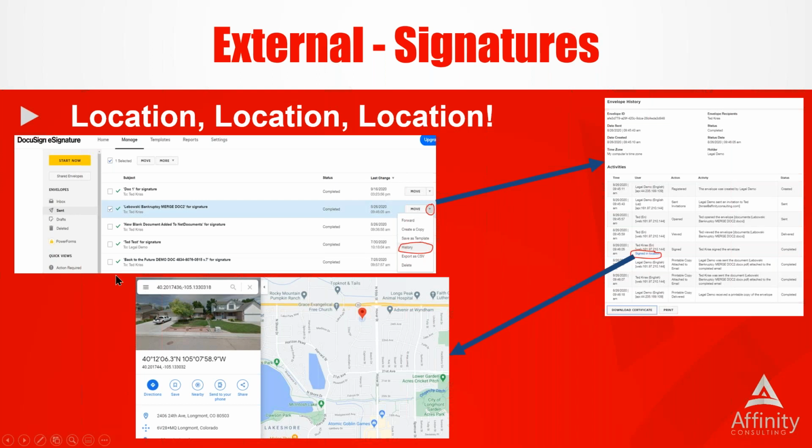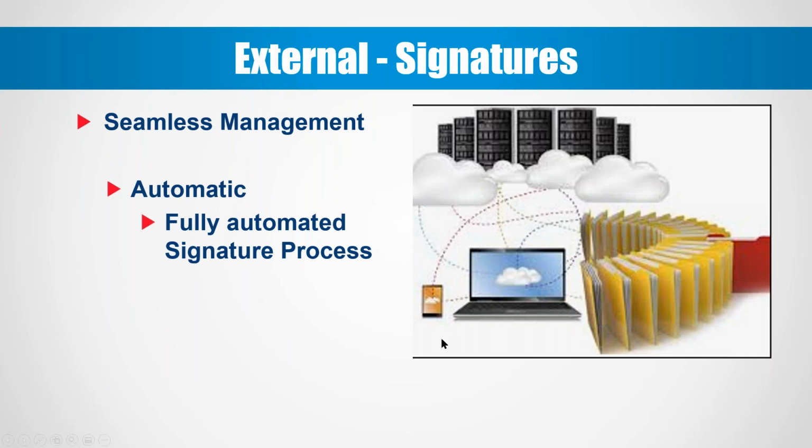The goal with our signature process, and it should be your goal as well, is to move toward a seamless management solution, right? Something where you take your contracts and send them out, hopefully via some sort of management software, and they come back into that software once signatures are done. It's a fully automated process. Without a fully automated process, there is the human element.